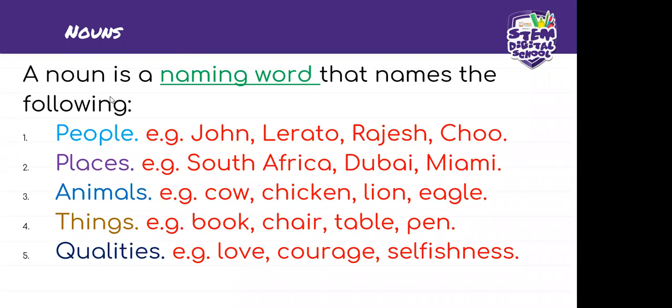Okay, so the next section will be the types of nouns. What types of nouns do you know? Please type to us in the chat the types of nouns that we should know. In this lesson, I will be dealing with 4 types of nouns. Can you tell me what they are?